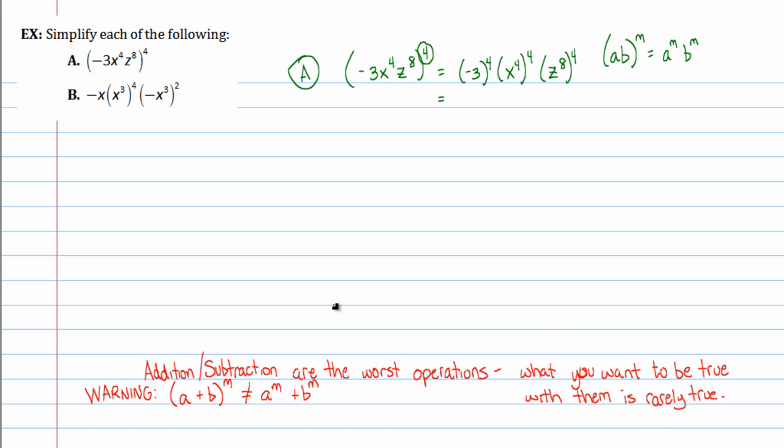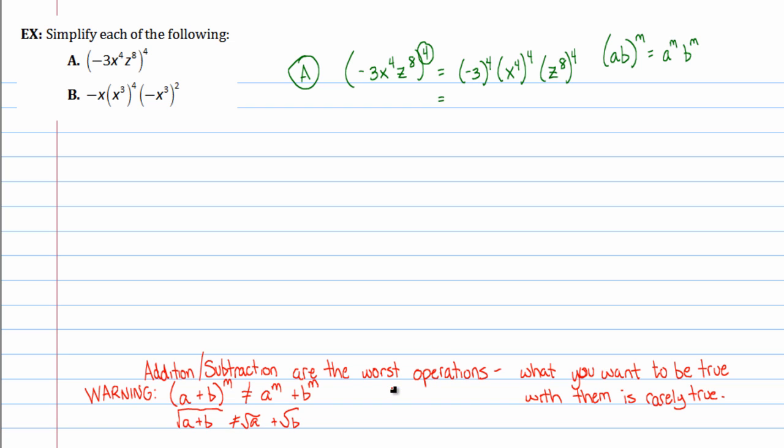In other words, we would love it if (a plus b) to the nth power would be a to the nth power plus b to the nth power, but it's just not true. Just like the square root of a plus b is not equal to the square root of a plus the square root of b.